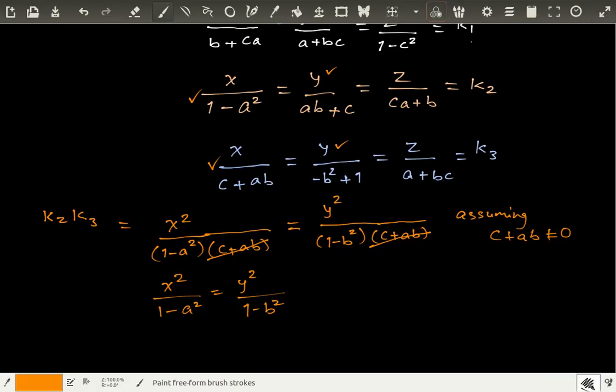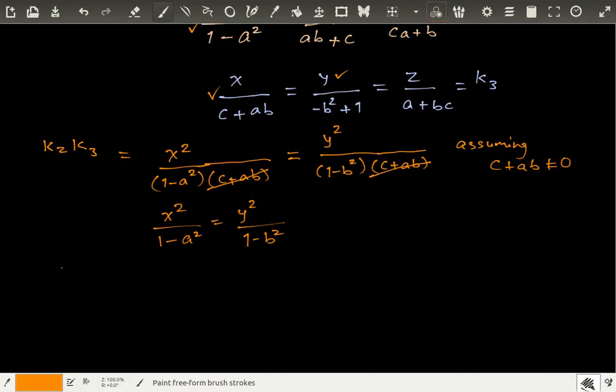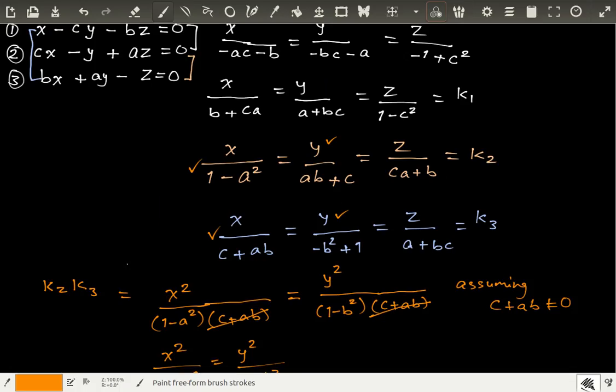So let us find out what will be the value of k1 k2. We multiply these two, k1 k2.